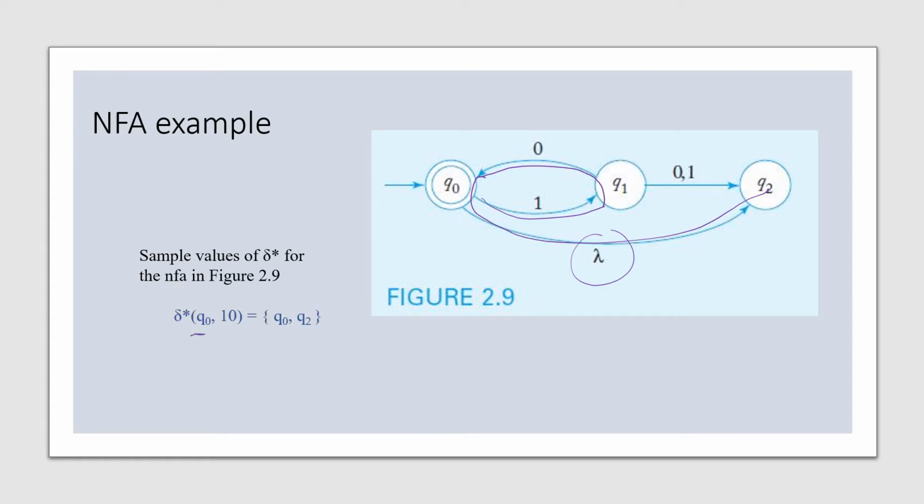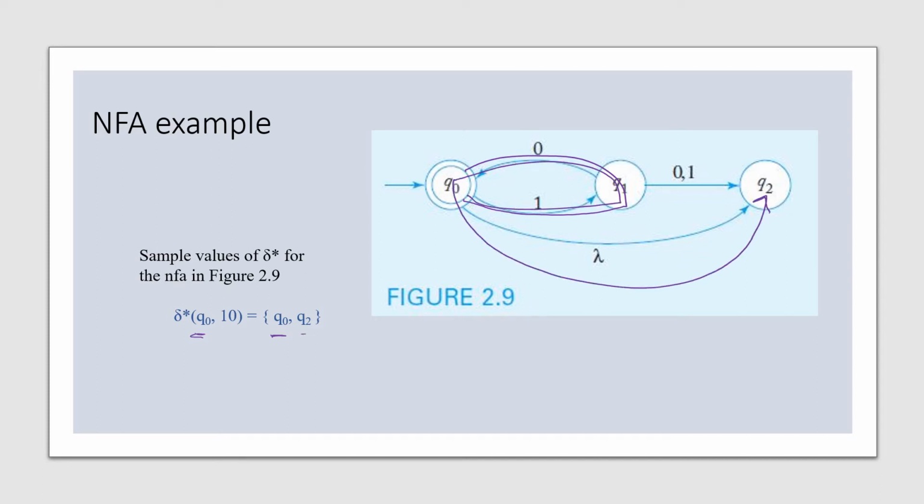If you're in Q0 and your input is 1, 0, you start here at Q0, your input could be back to Q0, or your input could be 1, 0, and then you take the lambda jump over to Q2.